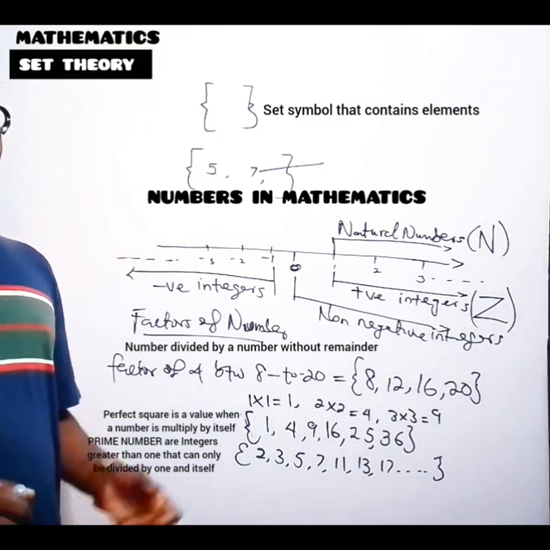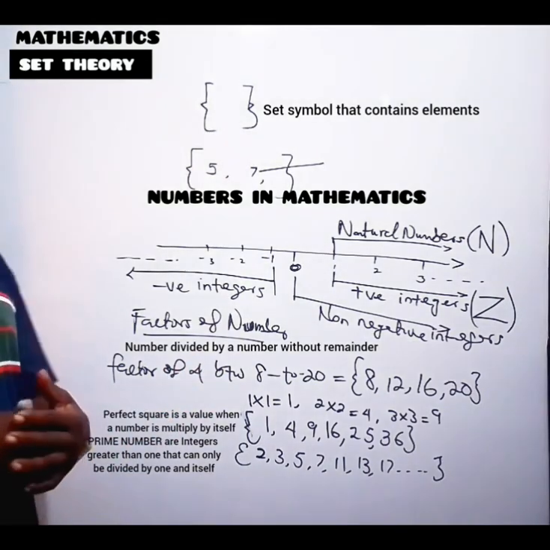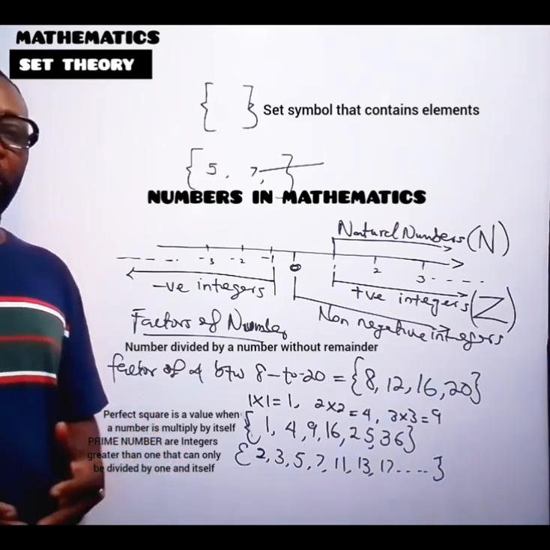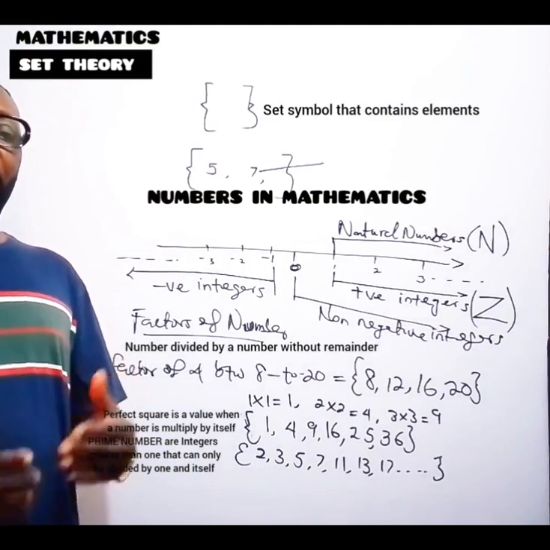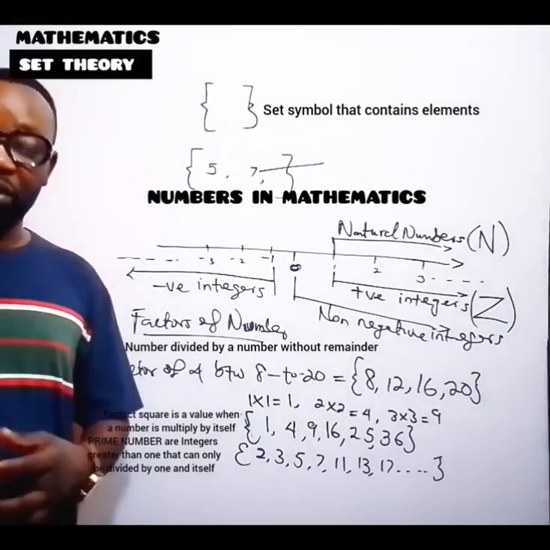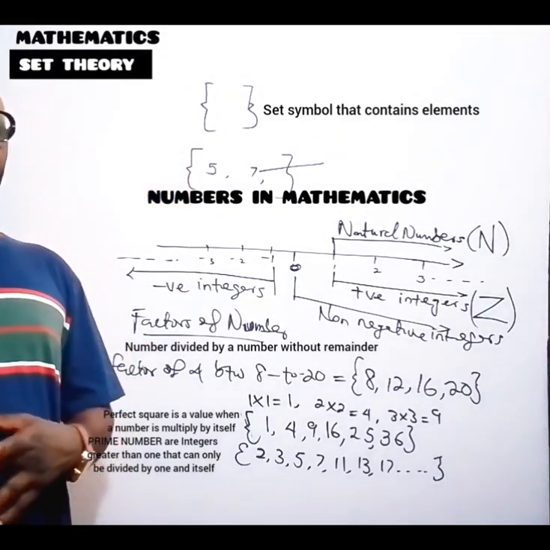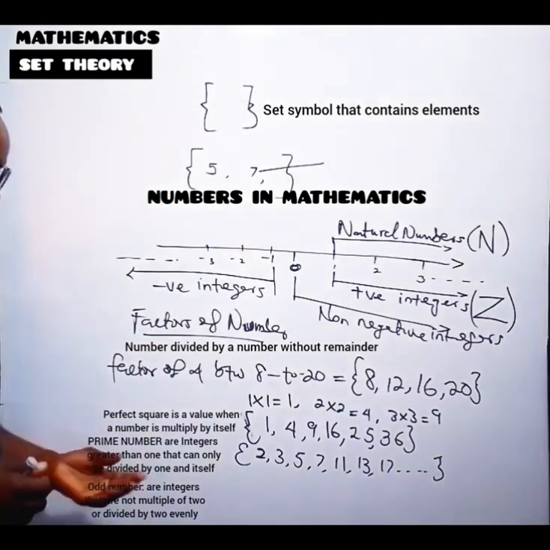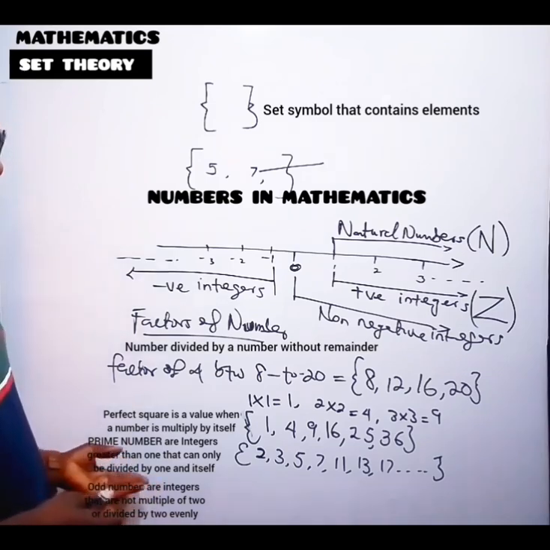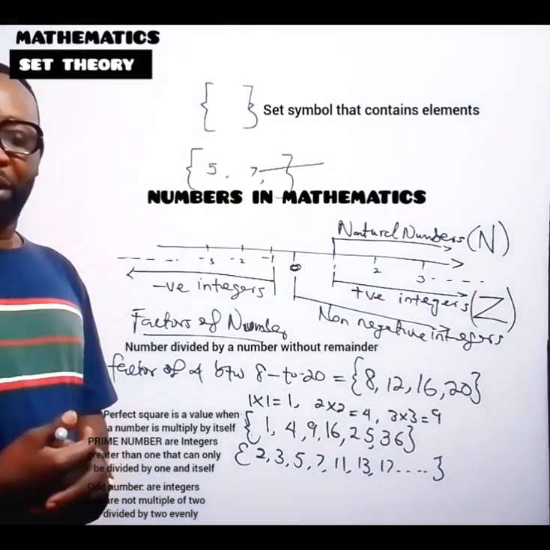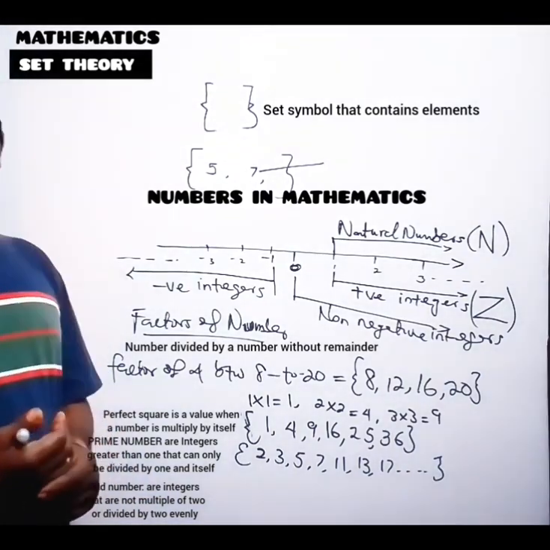Now, odd numbers are another kind of number that we also need to talk about, as we can be asked to bring out their information when we are talking about set theory here. Odd numbers are numbers that are not multiples of 2. Numbers that are not multiples of 2, those are the odd numbers.